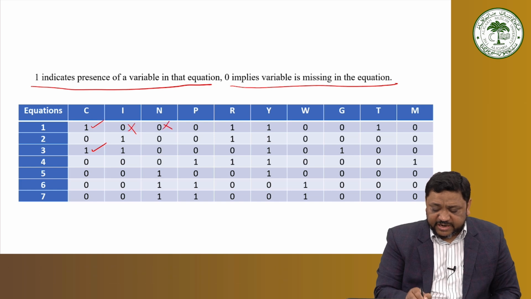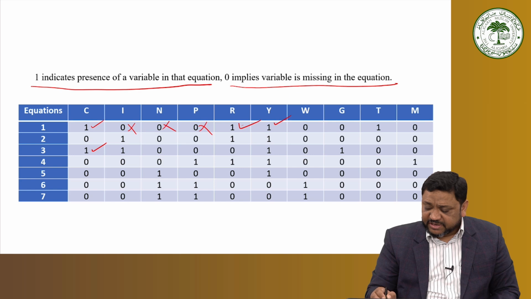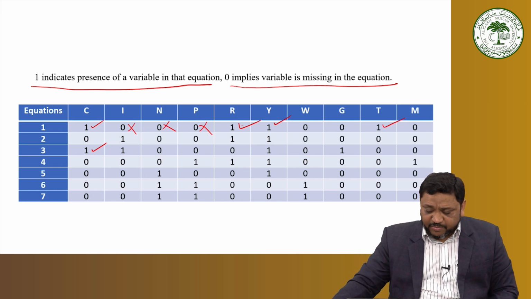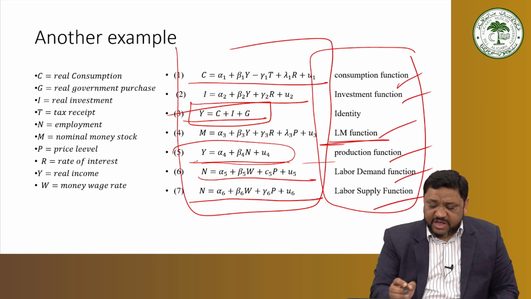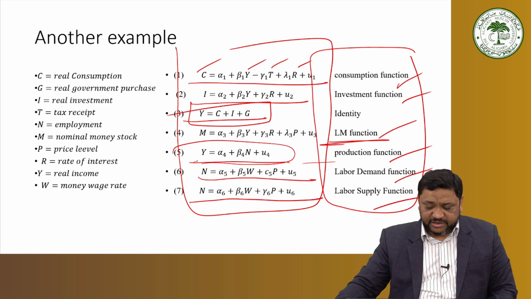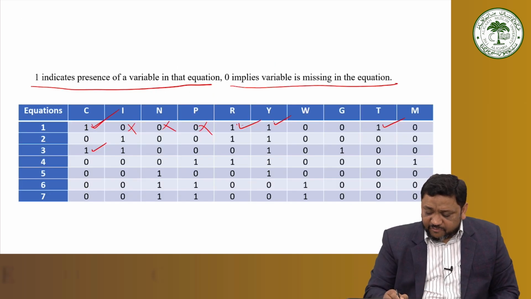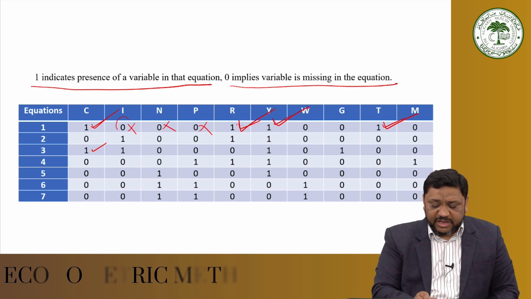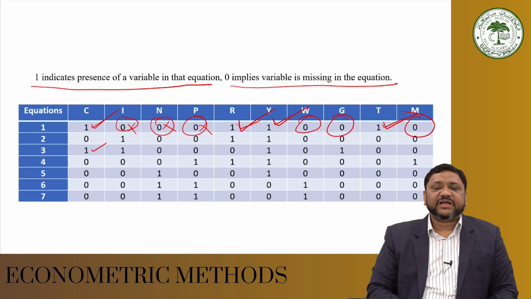I is not there, N is not there, R is there, Y is there, and likewise for this system of equations. From here, see C, Y, T, R is there. So we can write C, Y, T and R. All other terms are not present in the first equation, hence they have been marked as 0.